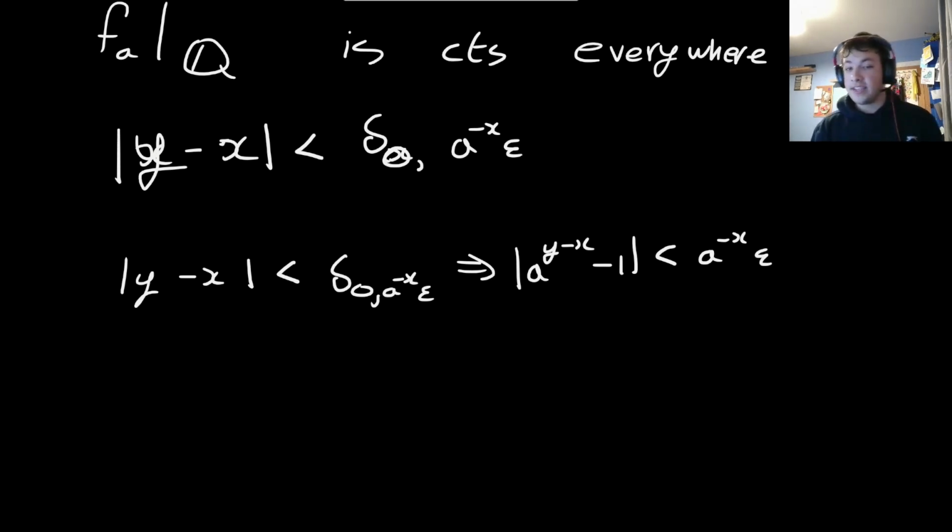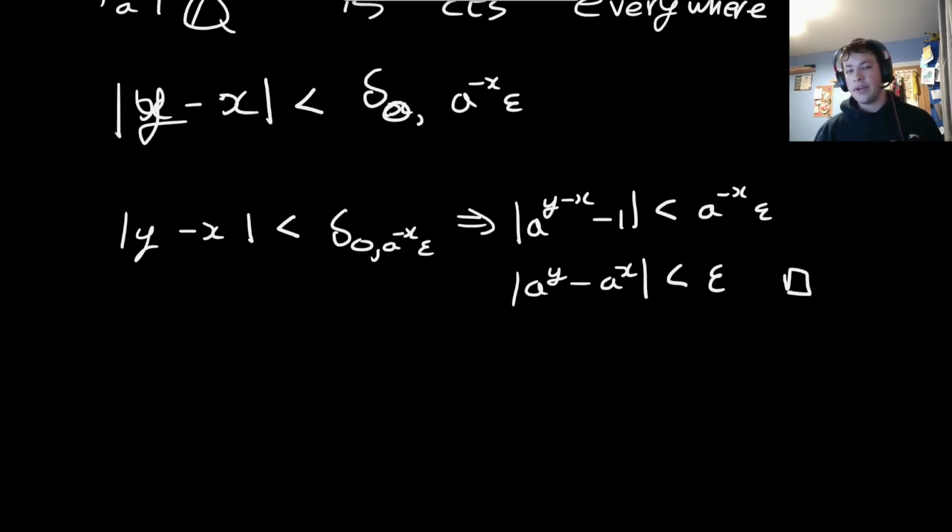We then multiply up by a to the minus x, and we're going to get mod of a to the y minus a to the x less than epsilon, so we've got continuity everywhere.